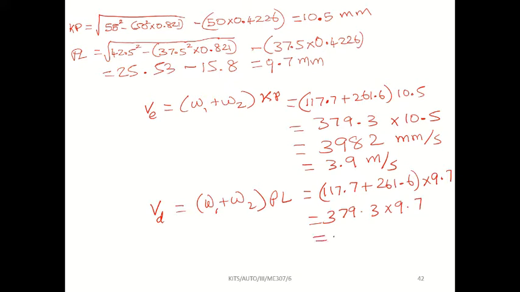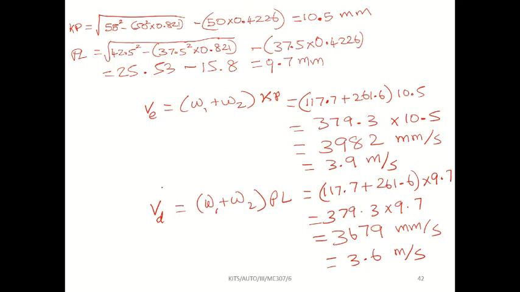Answer is 3679 mm per second. That is 3.6 meter per second. So this is the answer.